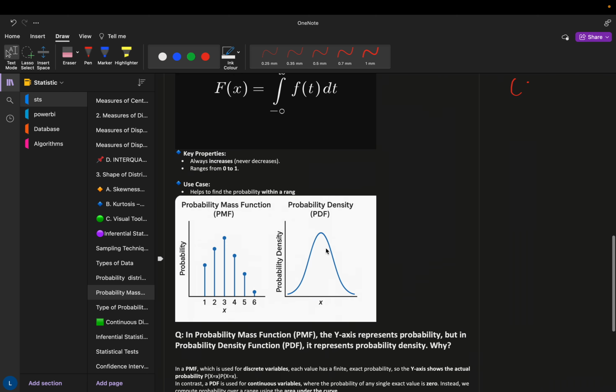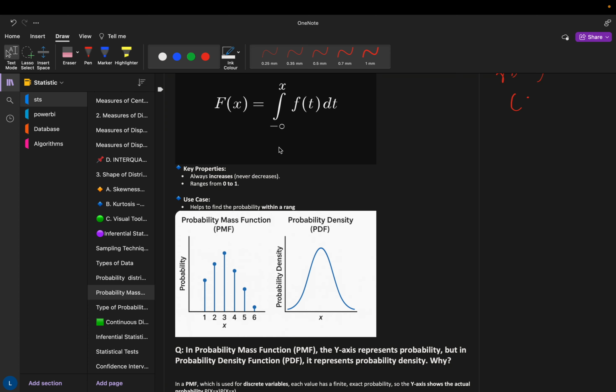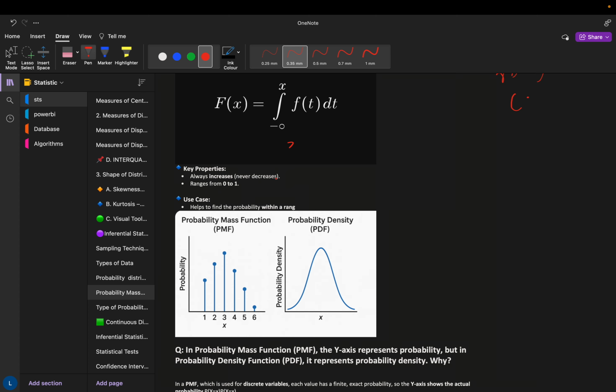Now speaking about cumulative probability distribution, it is always increasing because we are finding the range up to that particular data point, right? So it is never decreasing. It ranges from 0 to 1.